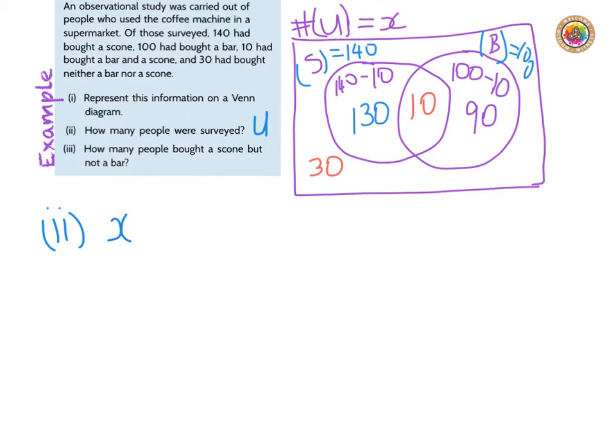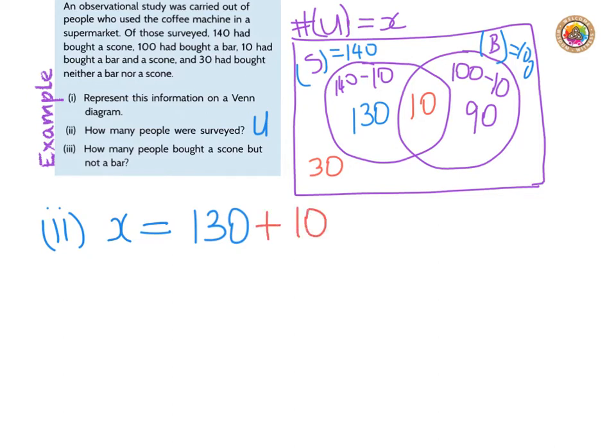to everything that's inside. So here I'm going to have X equals, well, first of all, this 130. It also equals this 10 here in the intersection, so I'm going to mark that in, plus 10.